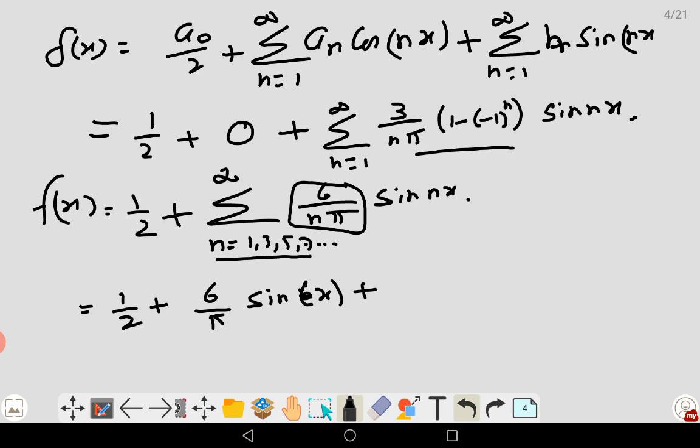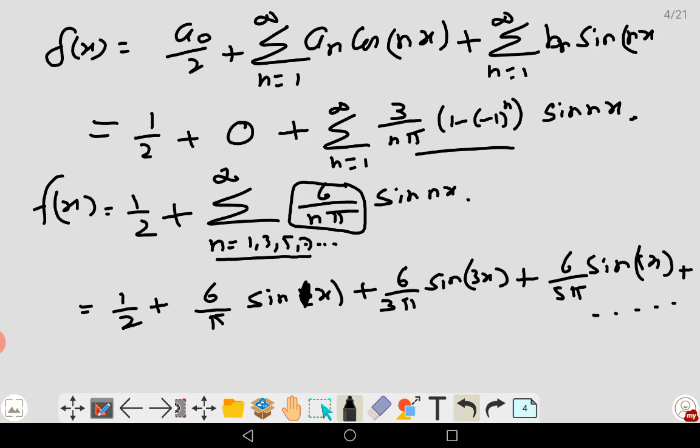So what do you get? n is 3, 6 over 3 pi sin 3x. n is 5, 6 over 5 pi sin 5x. In this way it goes on. So the function given to us is the combination of all sine functions in this form.